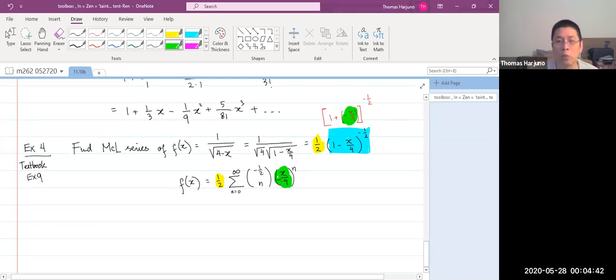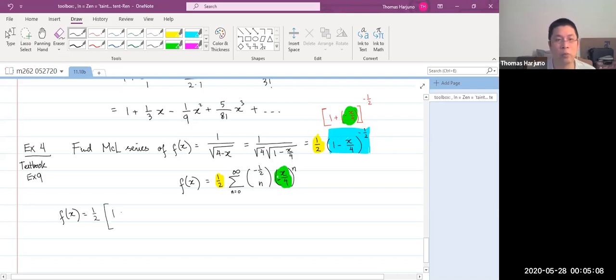Okay, now what will the binomial expansion be? Let's say we want to do the first 4 or 5 terms. So f(x) equals 1/2 times, the first term is 1, when n equals 0.